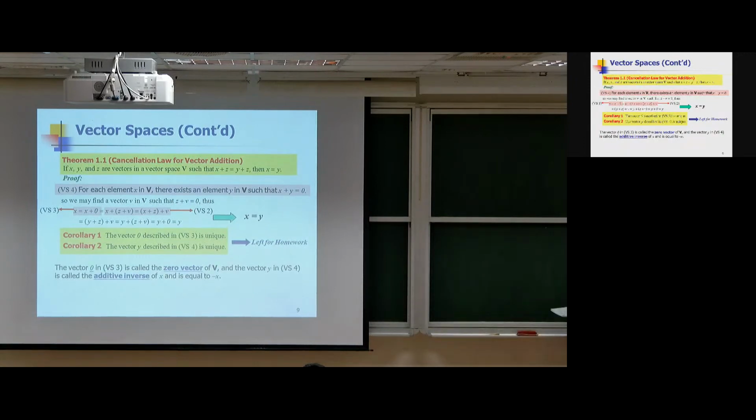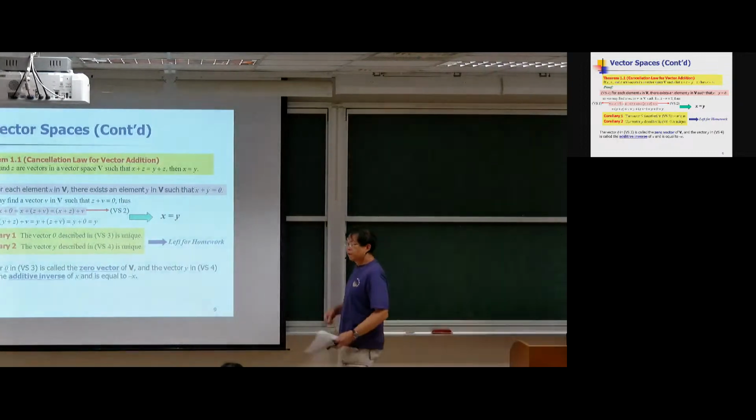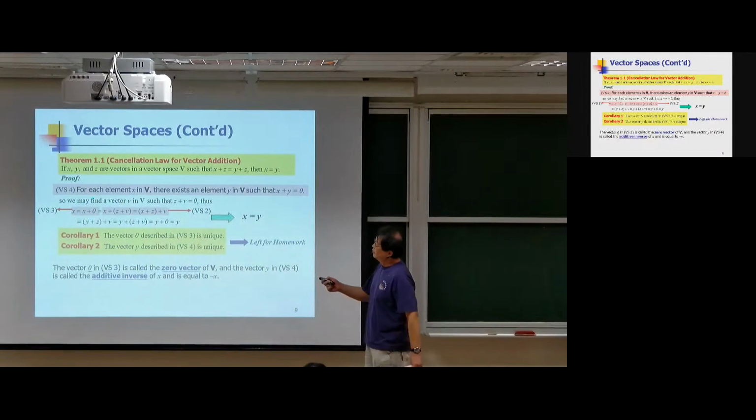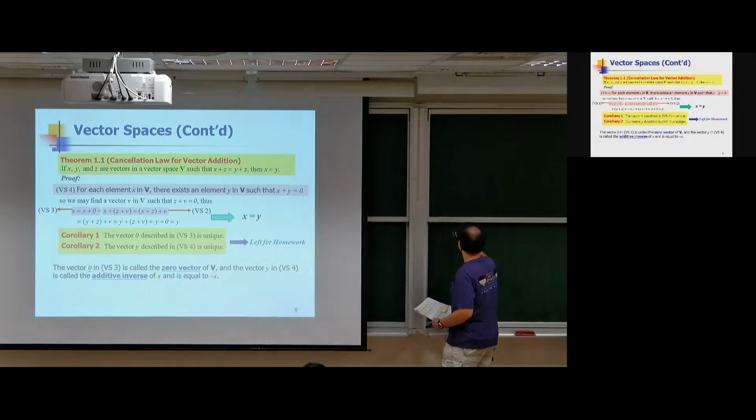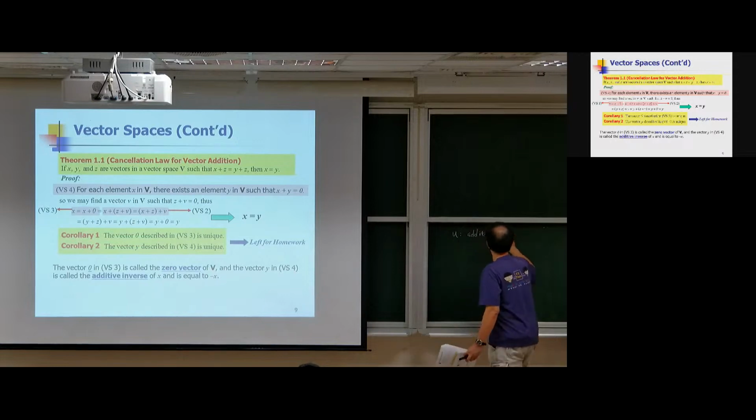So first, from VS4, we know we have an additive inverse vector of any vector in vector space V. Here, we assume V is the additive inverse of z.